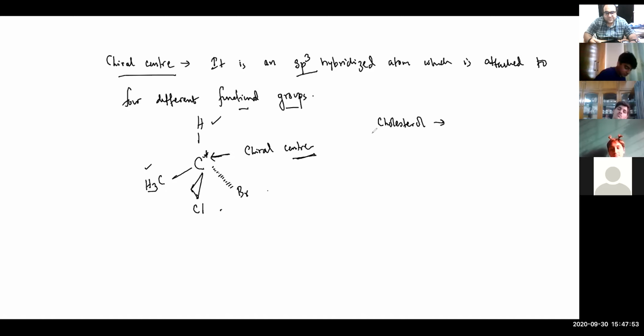So cholesterol is a complex organic compound, because everything we have in our body is a complex structure. Cholesterol has 8 chiral centers and 256 optical isomers.